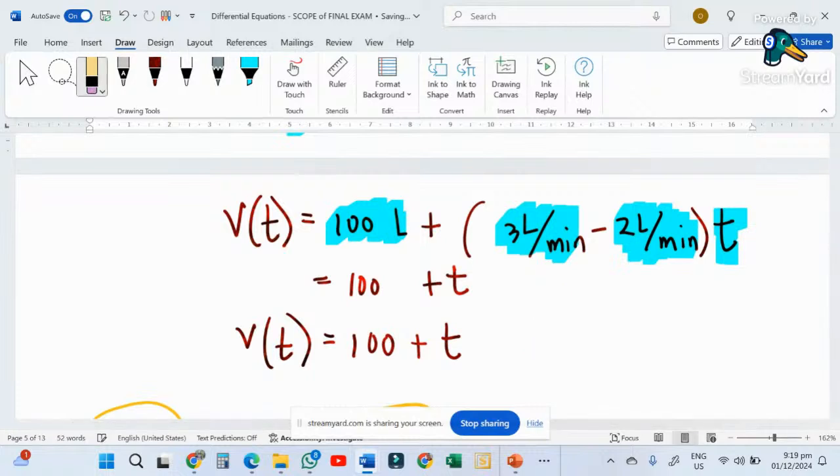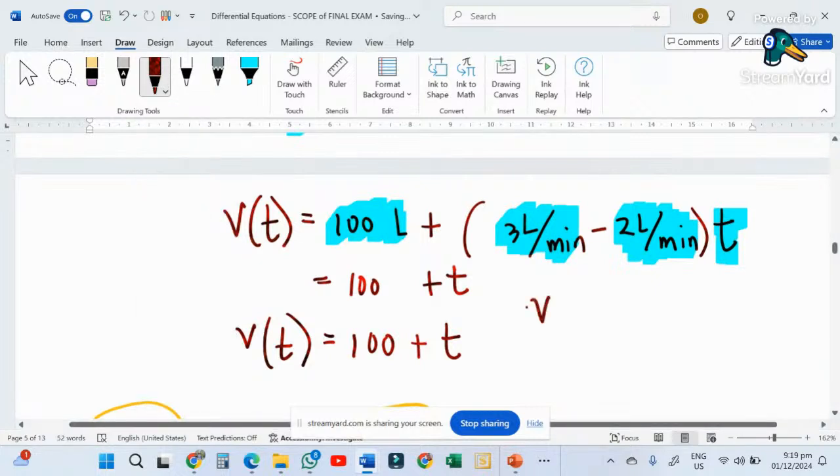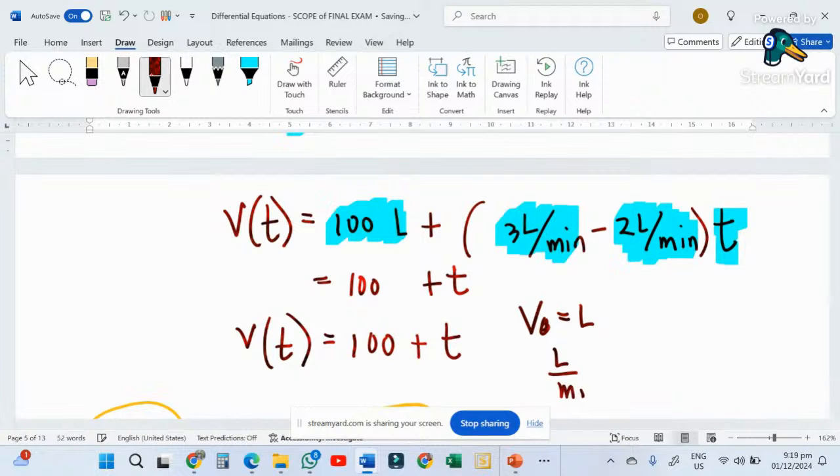V0 is in liters, and you're going to add it to liters per minute times time, which is in minutes.